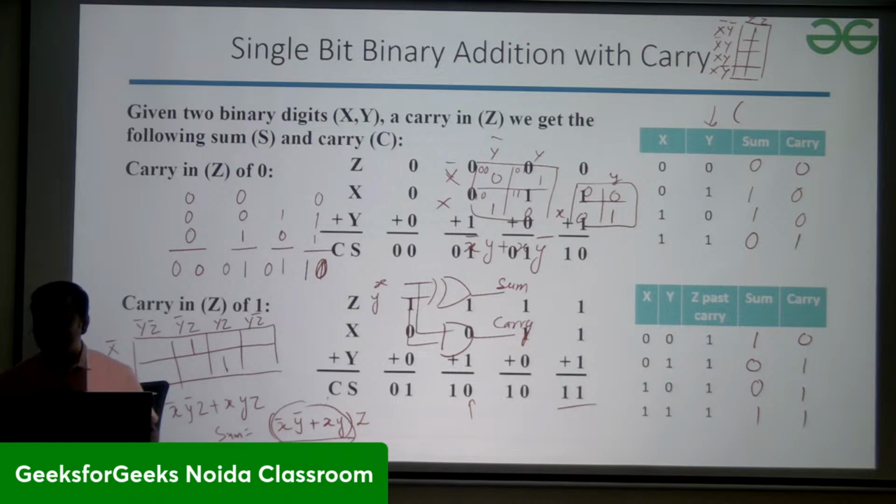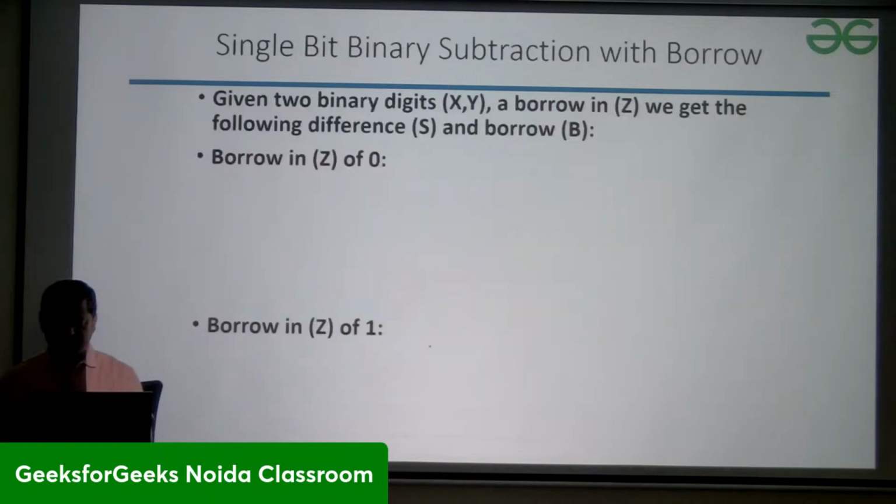NOR, XNOR. I'll recap that part again: what is an AND or NOR gate, what are the universal gates, and how we can represent the other information. So I'm just skipping this particular part. Addition is clear or not? Now, since it is an arithmetic operation, I'll jump to the next part.